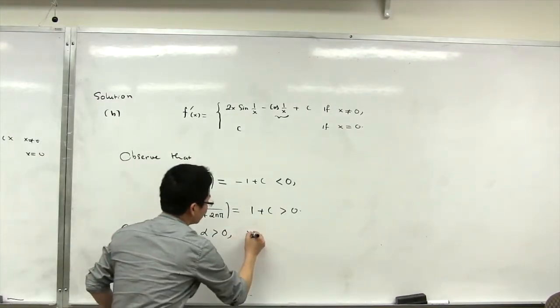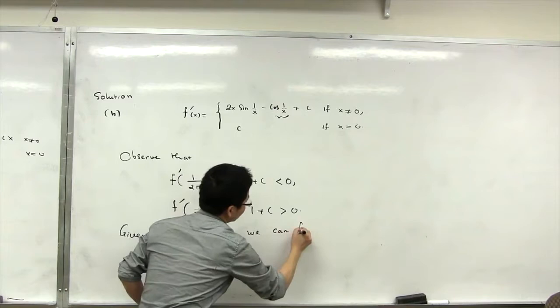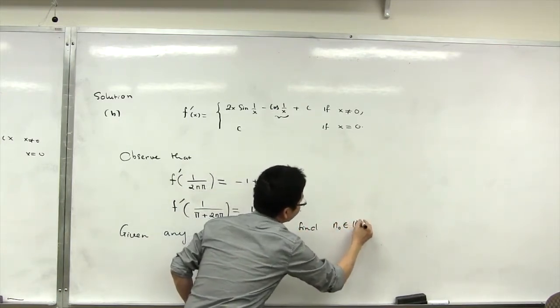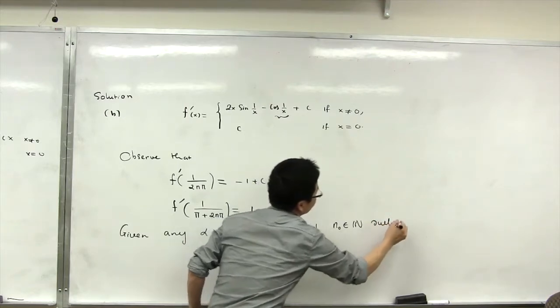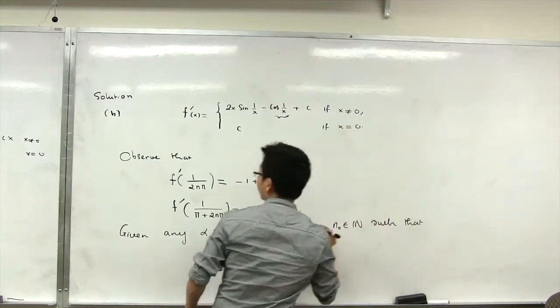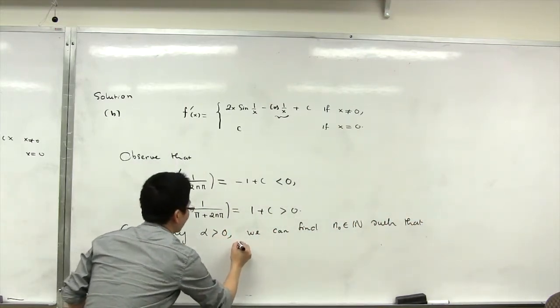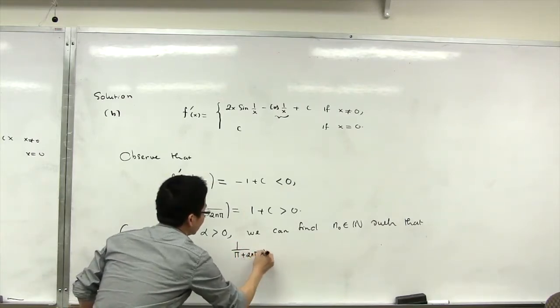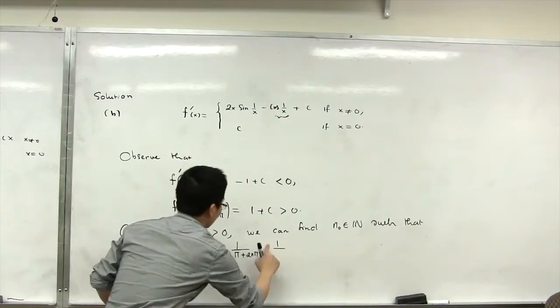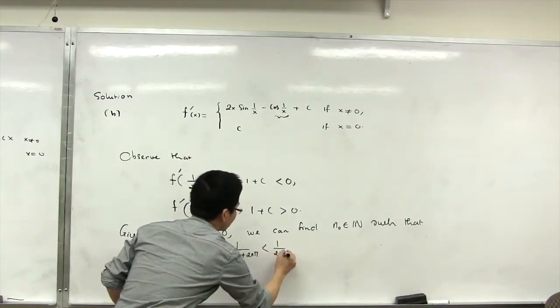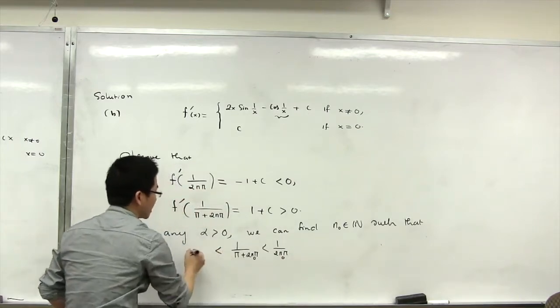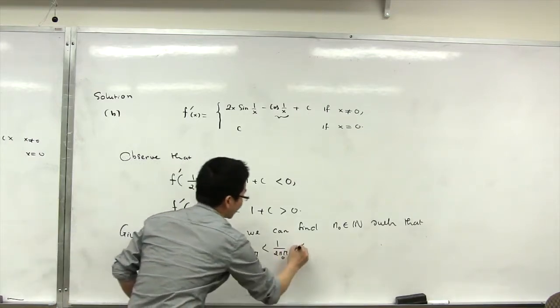We can find some n naught in N such that both 1 over pi plus 2n naught pi and 1 over 2n naught pi are greater than minus alpha and less than alpha.